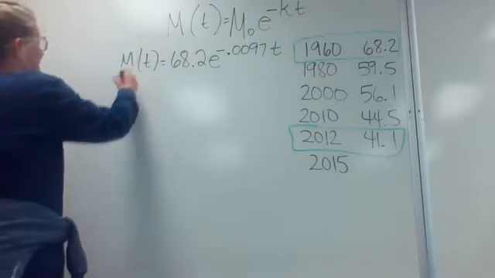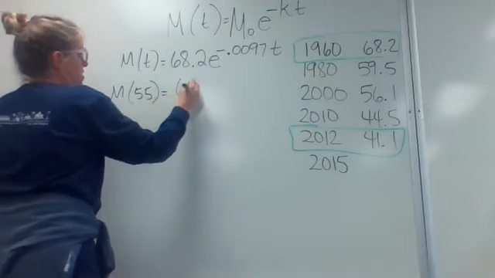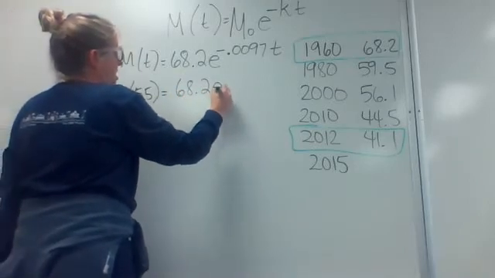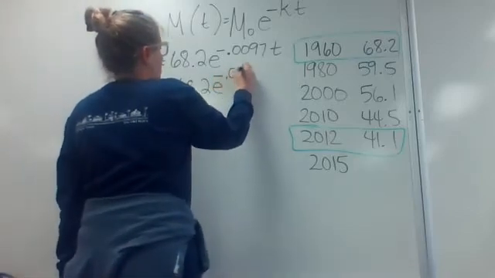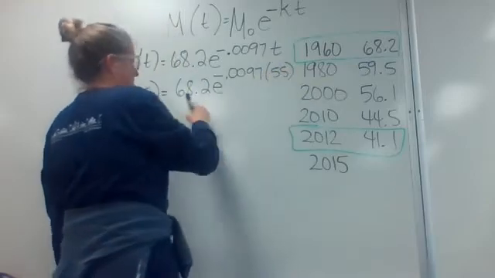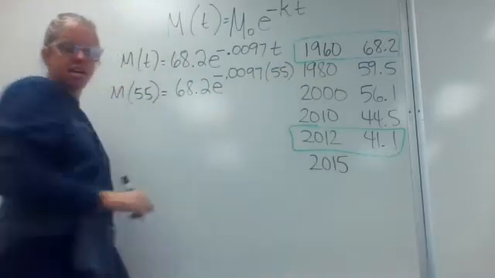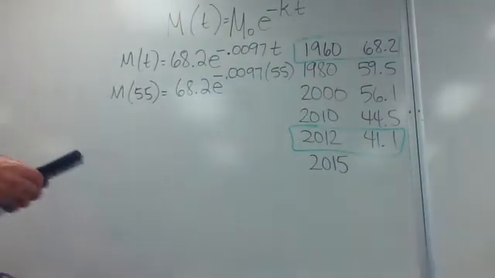So that's what my T is. So I have 68.2 e to the negative 0.0097 times 55. And then just put this in your calculator and round it to 1 decimal place.